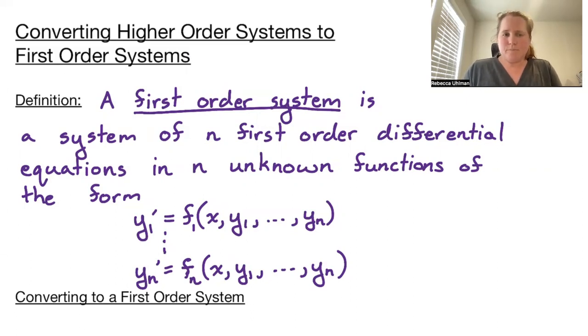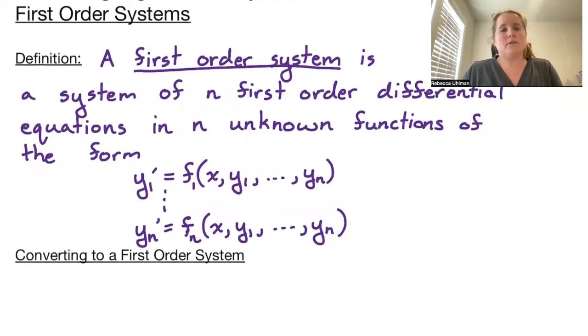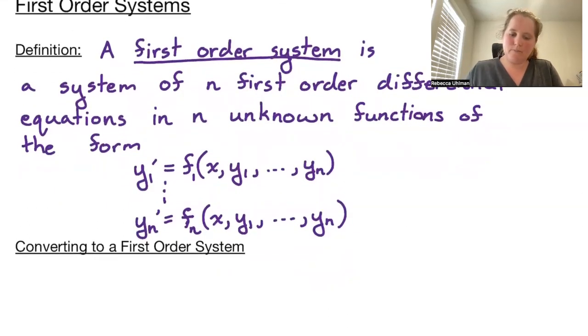So the general idea is if we have a higher order system, we can actually convert it to a first order system.